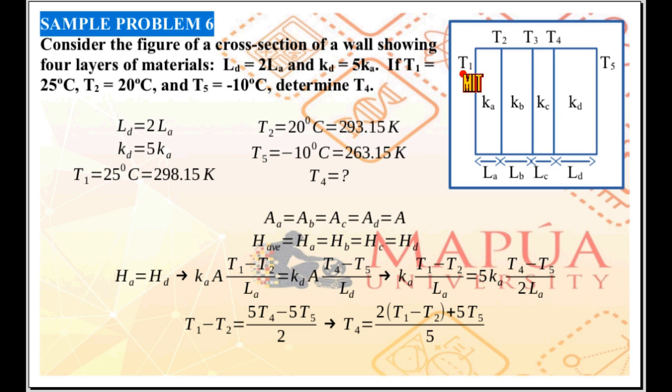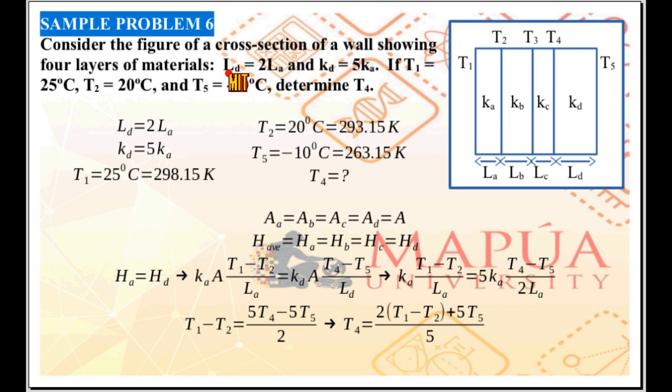Temperature T1 is given, 25 degrees Celsius. Temperature T2 is given, 20 degrees Celsius. And the temperature T5 is also provided, negative 10 degrees Celsius. Determine the temperature T4, the temperature on this interface between Kc and Kd.